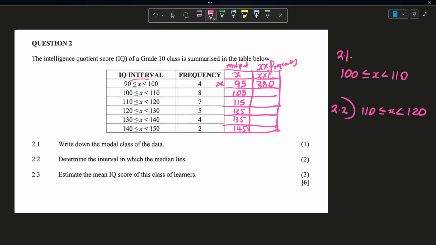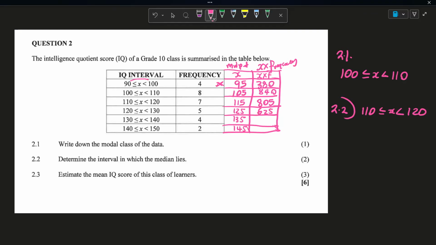Then you continue: 8 multiplied by 105, you get 840. And then 115 times 7, you get 805. And then 125 times 5, you get 625.